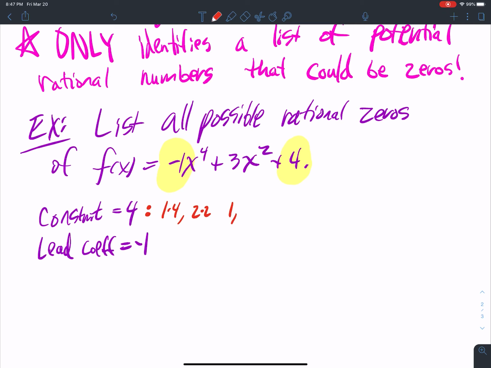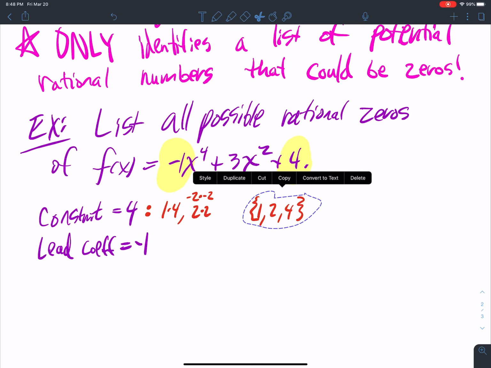So 1, 2, and 4, those are factors of the constant term. Now, not only can I multiply 2 times 2 to get 4, I can also multiply -2 times -2. So not only is it the positive ones, but I also have all the negative ones.